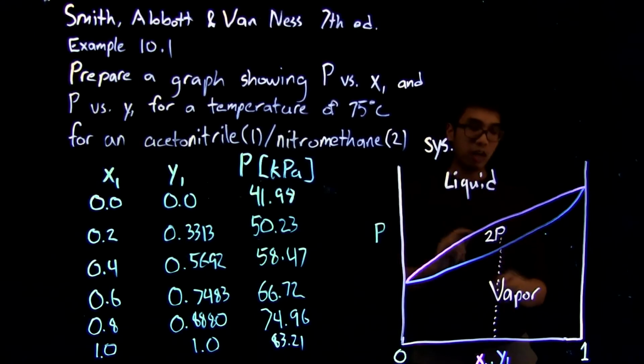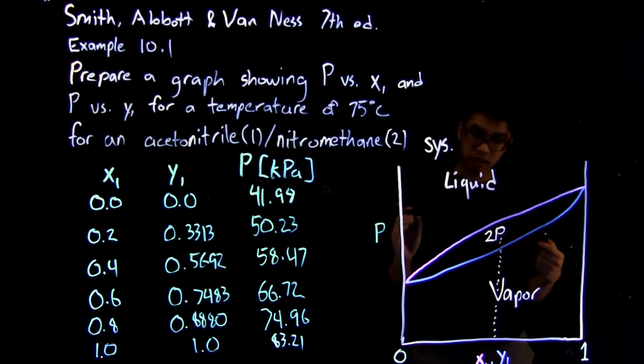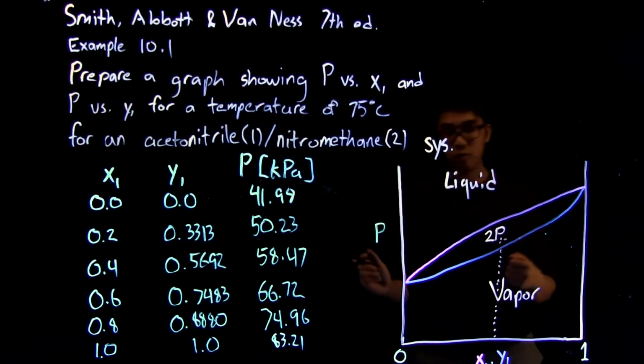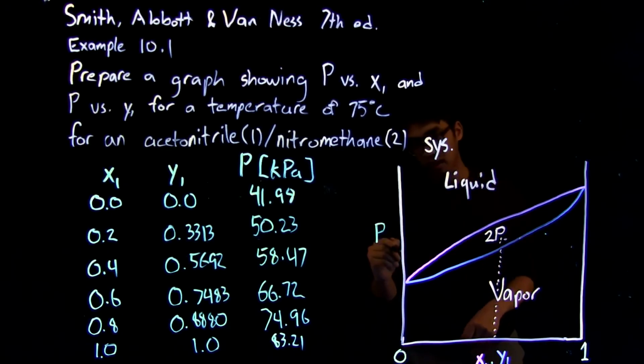And then the composition of your liquid and your vapor can be determined by just finding the phase lines that correspond to your pressure. So let's say your system is at this pressure.